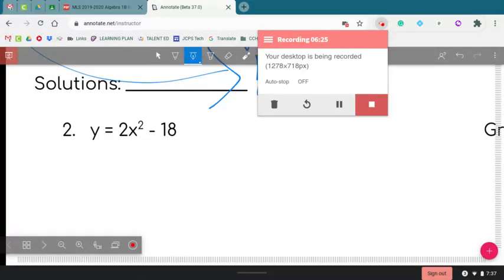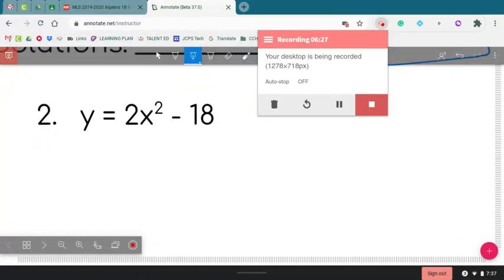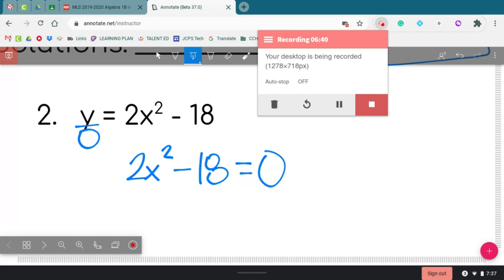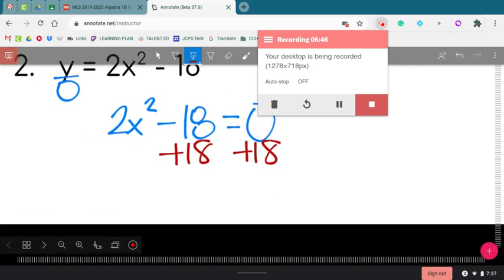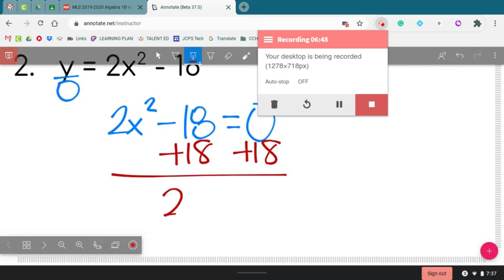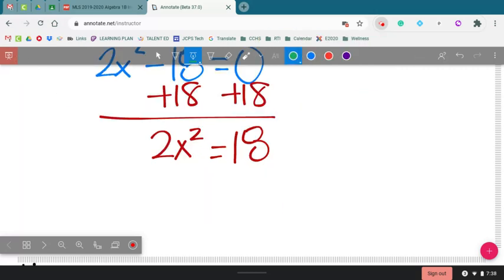Okay, the next one, we're going to do the same thing. So since we know whenever it crosses the x-axis, our y values are 0, we're going to replace y with 0. So I'm going to rewrite this: 2x squared minus 18 equals 0. I'm going to solve it, add 18. I'm going to get 2x squared equals 18. Divide both sides by 2.